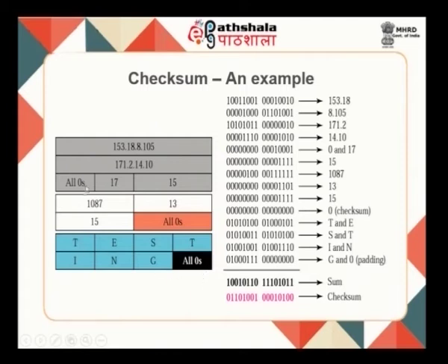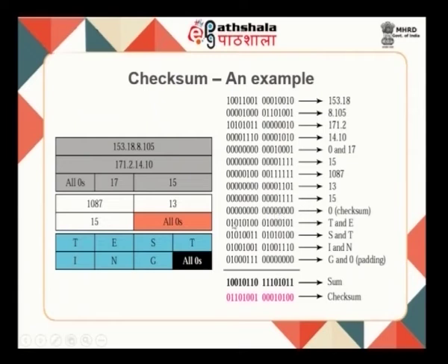If you look at this whole packet that you have now, including the pseudo header, we organize this into 16-bit pieces. So you can see this. Your 153.18 is one 16-bit part, followed by 8.105, followed by 171.2, followed by 14.10, then 0 and 17, and then you have 15, 0 and 15, then you have 1087, which is another 16-bit number, 13 another 16-bit number, 15 another 16-bit number, and then the all zeros.